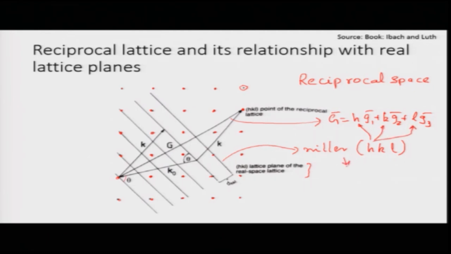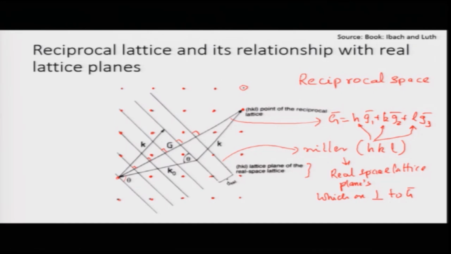These are Miller's indices of real space lattice planes which are perpendicular to G. You can see that all these lattice planes are perpendicular to this vector G. So, given a vector G, you can construct lattice planes which are perpendicular to that G, and the components of this vector, H, K and L, will form the Miller's indices for these lattice planes which are perpendicular to G.